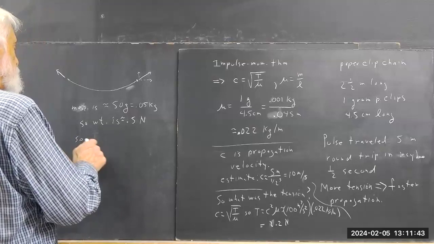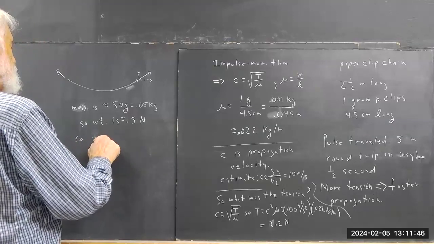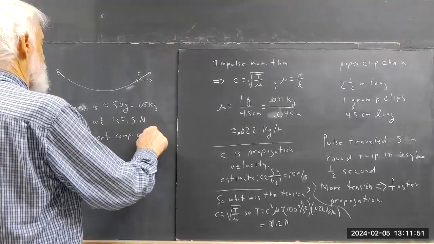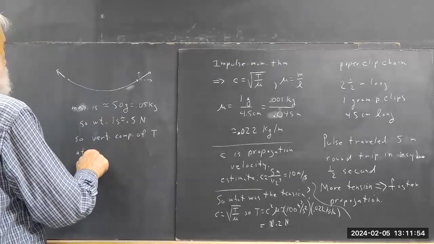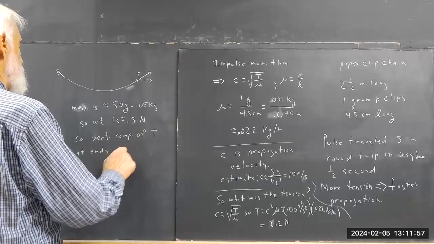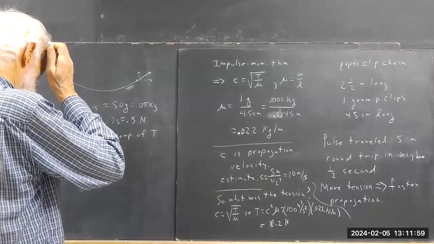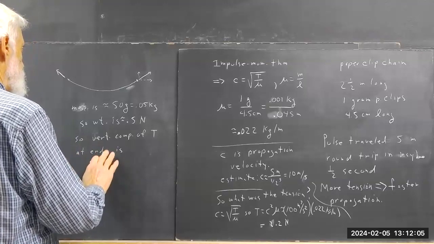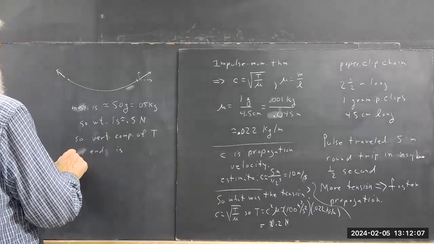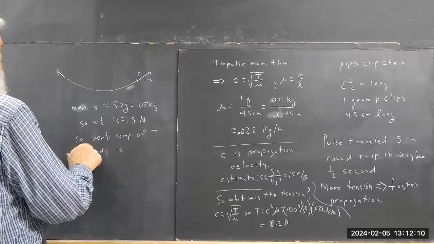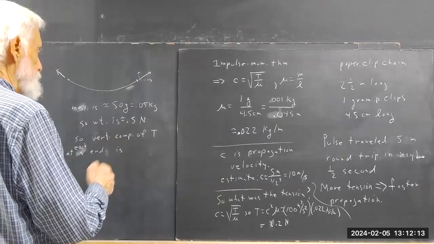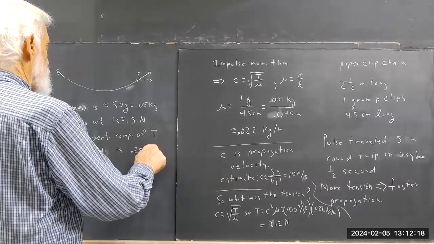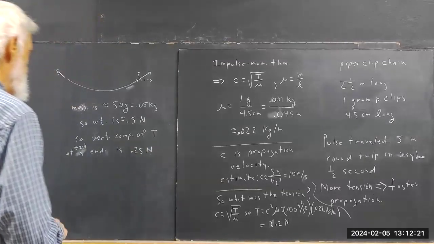I could shortcut that and say the whole tension. Well, with this vertical component of the tension at each end is going to be 0.25 newtons.